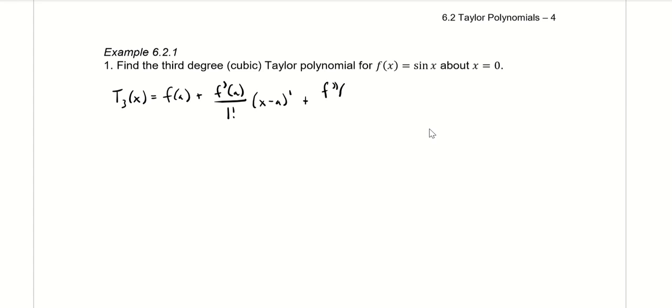This is the second derivative at a. This is 2 factorial. This is x minus a squared. Then I want the third degree Taylor polynomial, so I'm going to have one more piece to this sum where all of those components are going to be involving the third thing. The third derivative at a, 3 factorial, x minus a to the third.